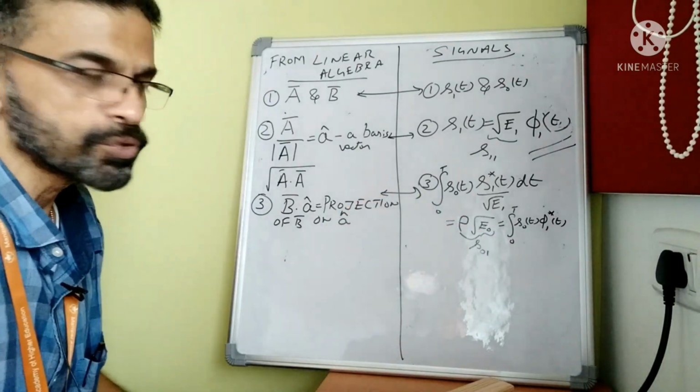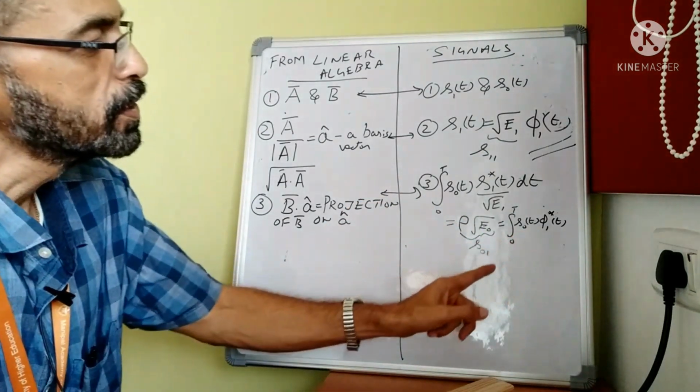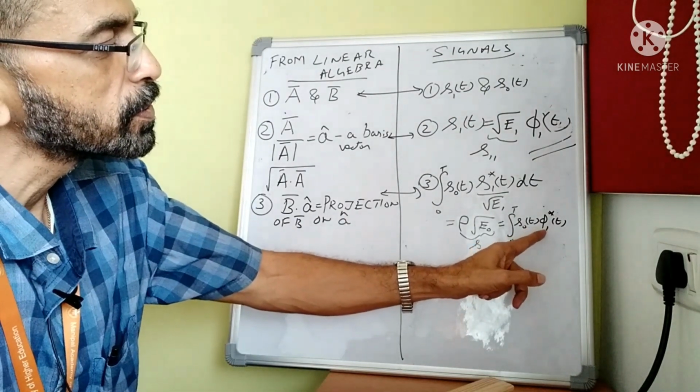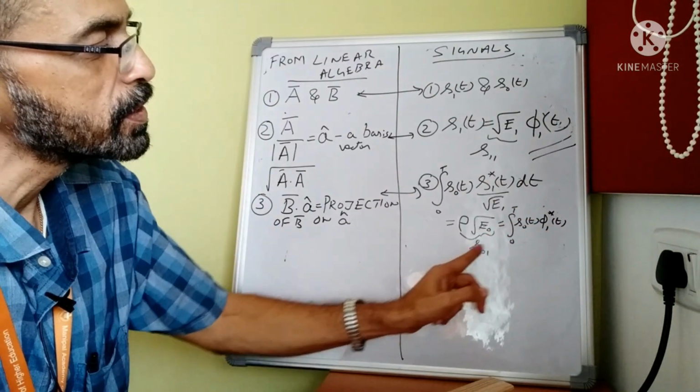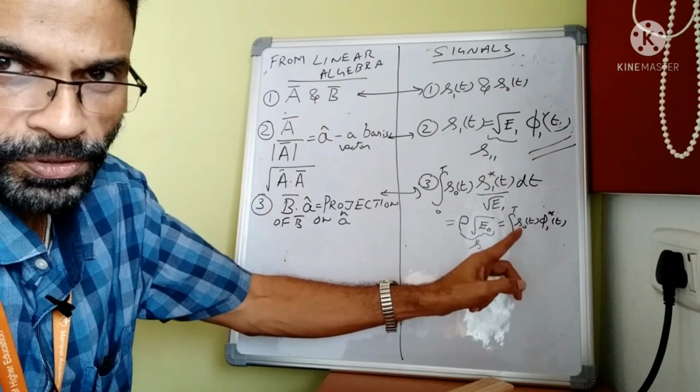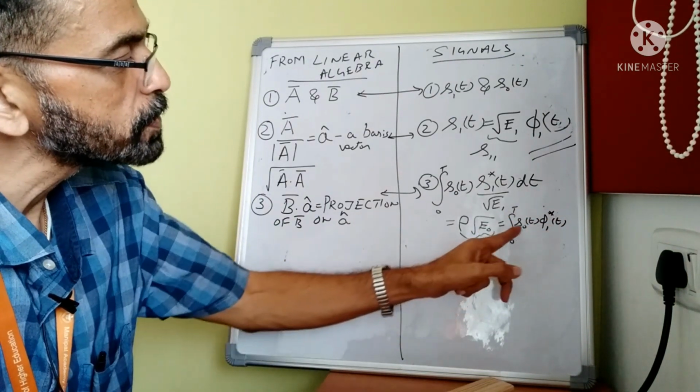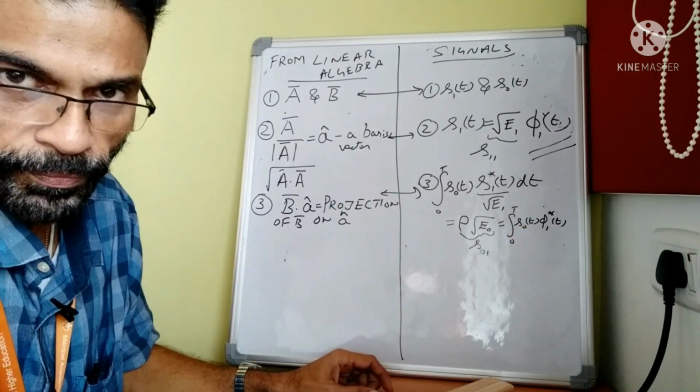We can write it as S01 because we are finding the first coefficient, that is the coefficient of the term with which we multiply phi 1(t) in the series representation of S0(t), and the first subscript is to identify the signals.